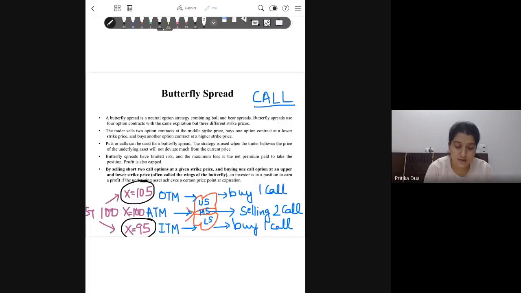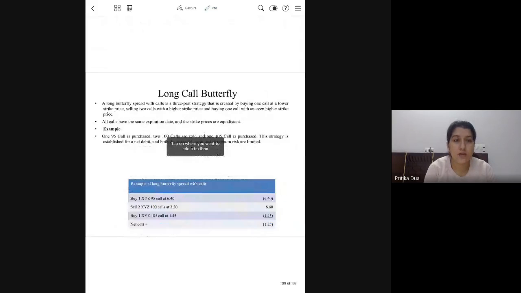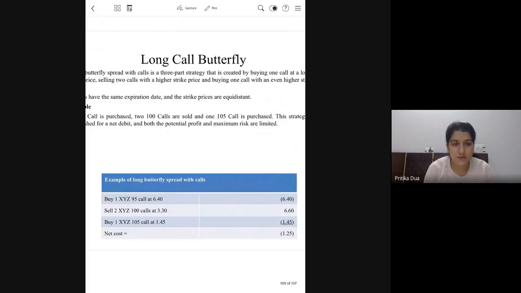Okay, so let's take a practical example with the same values 105, 100 and 95. So you see this is a long call butterfly. You have bought one XYZ 95 call at 6.40.